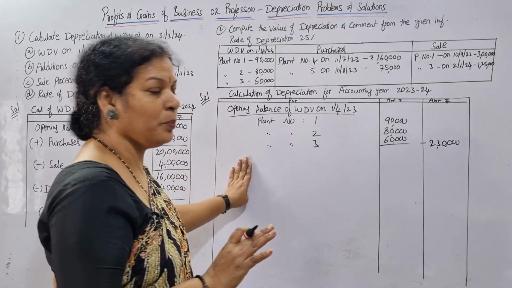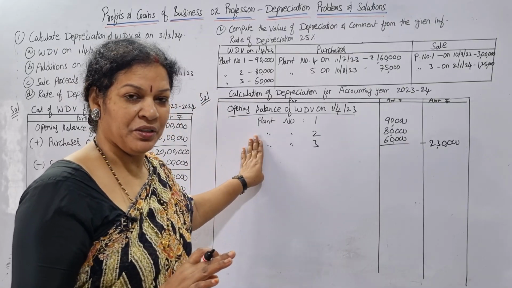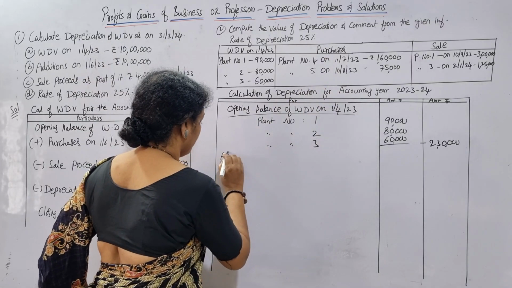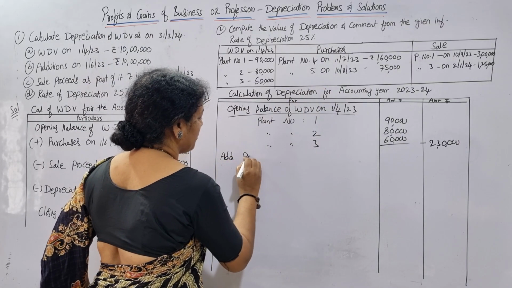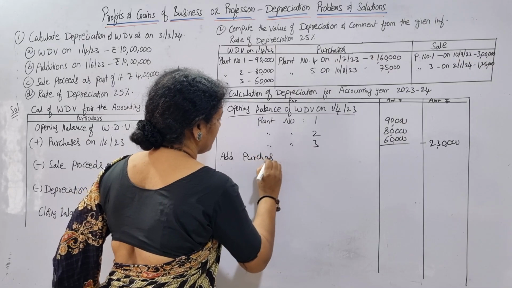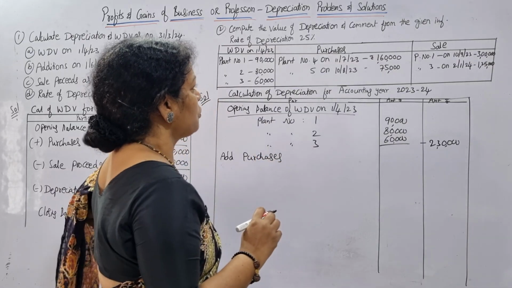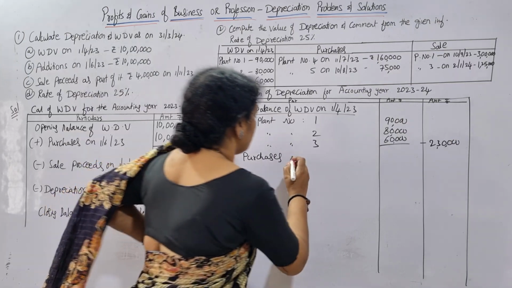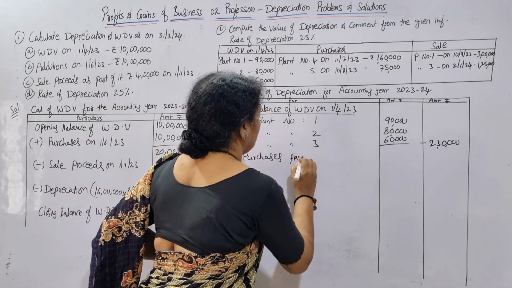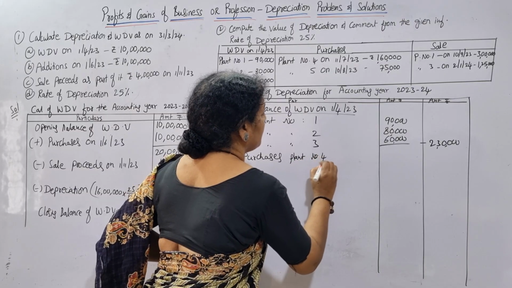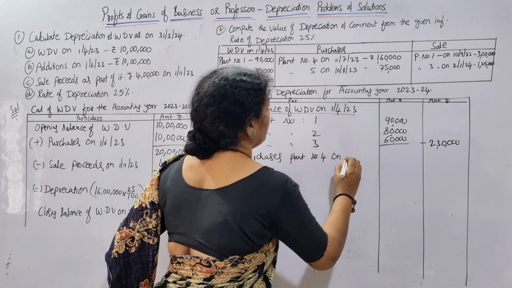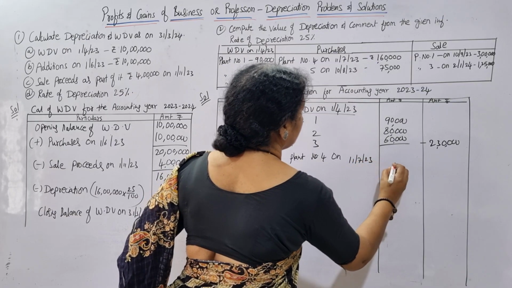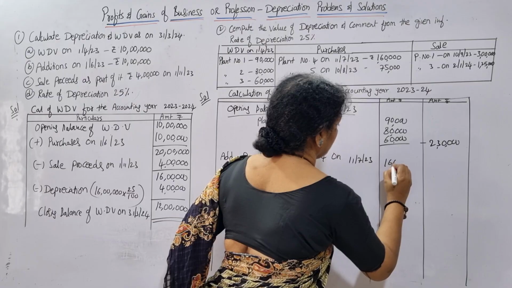Okay. Next, this is opening balance of WDV. What do we do? We'll add the purchases. Two purchases are there, plant number 4 and plant number 5. Okay, so plant number 4 on 11/7/23, it is 1,60,000.